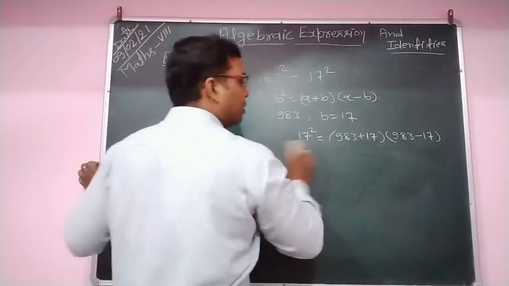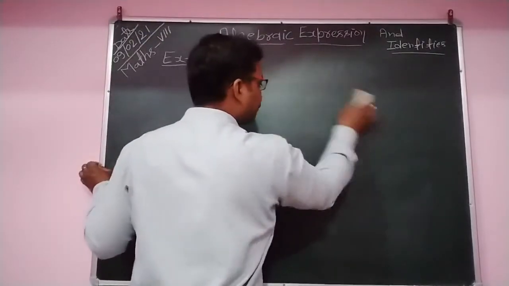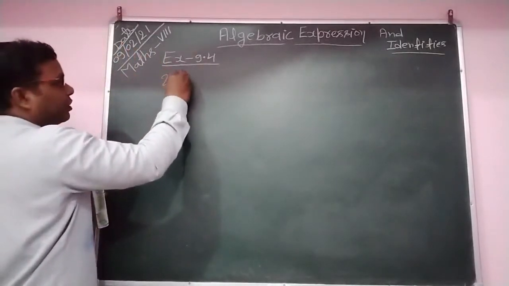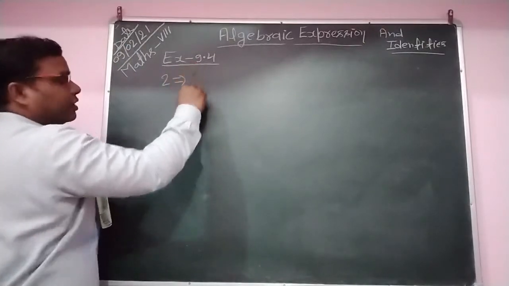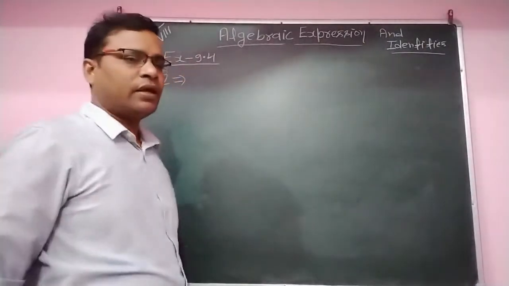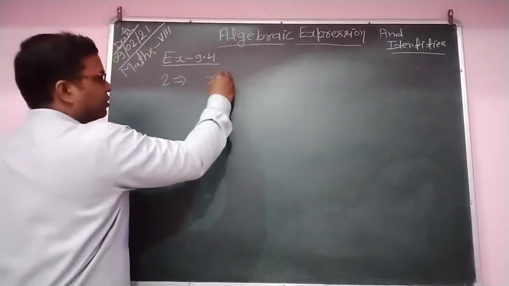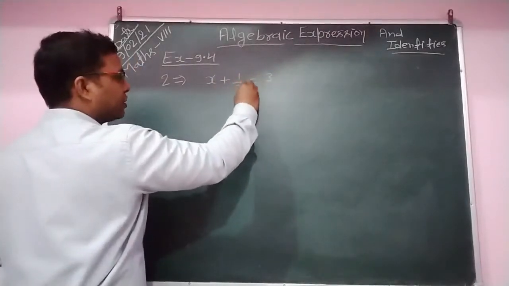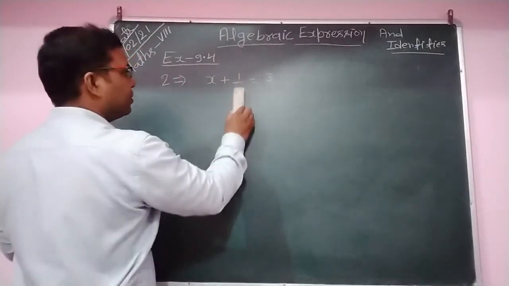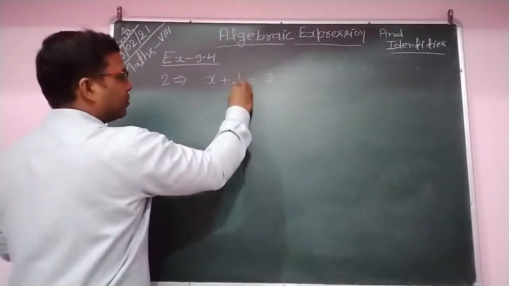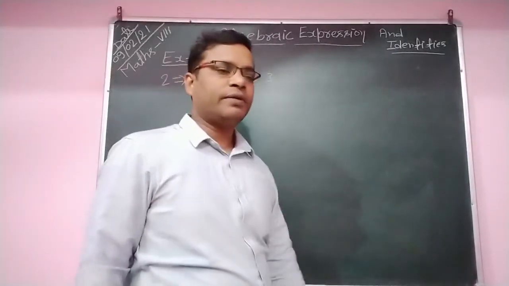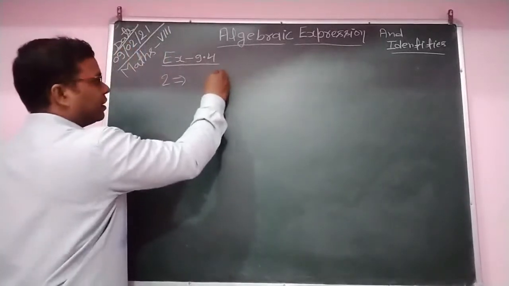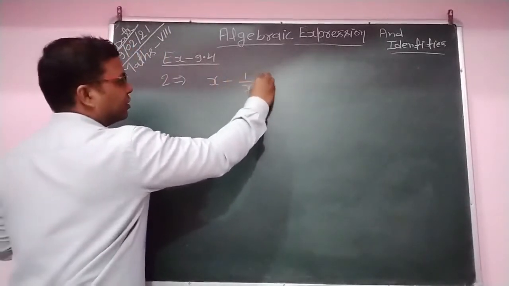Now in question number 2, this is given. x minus 1 by x is equal to 3.